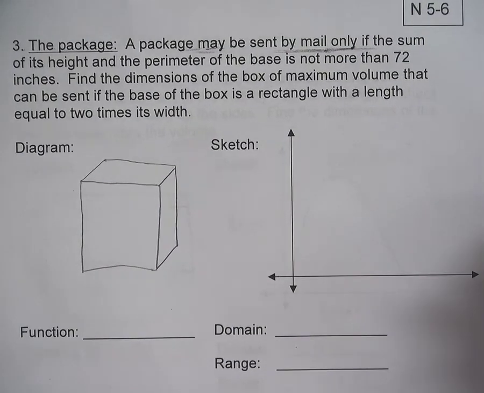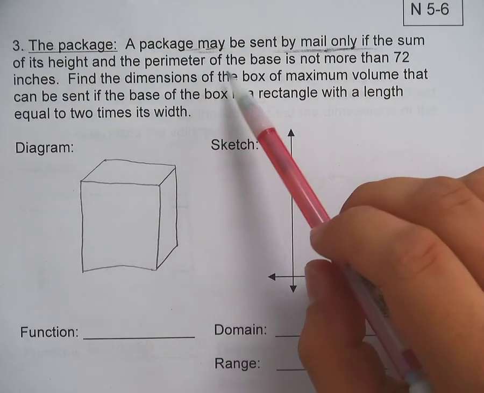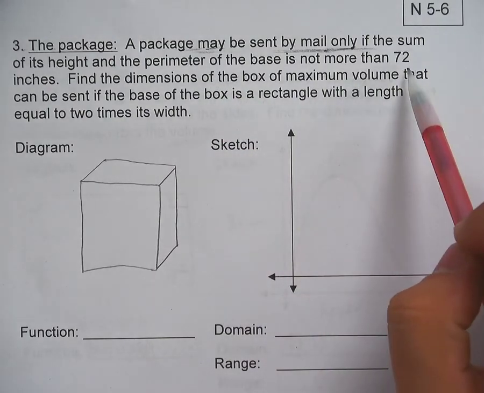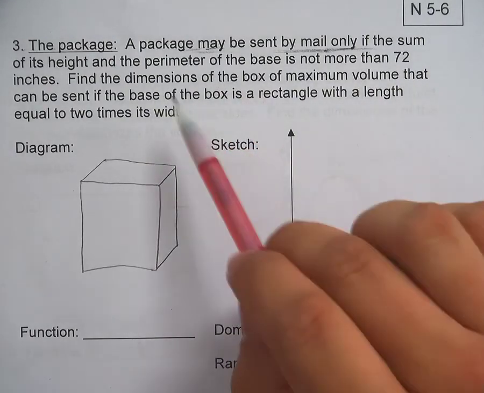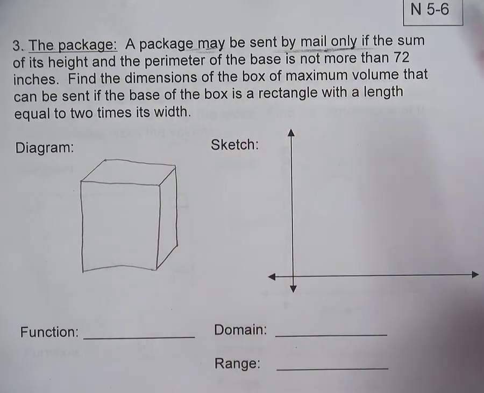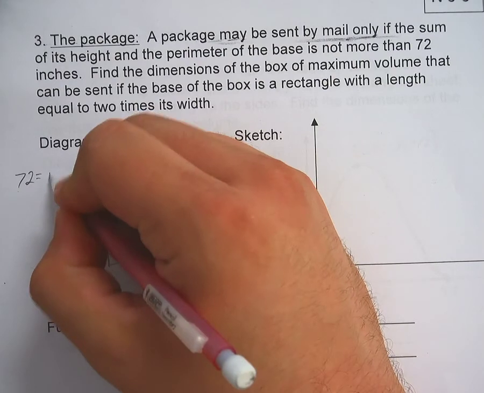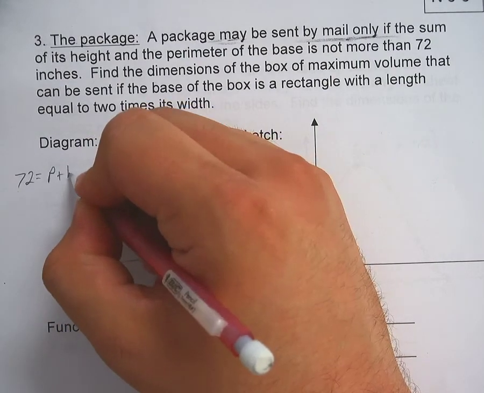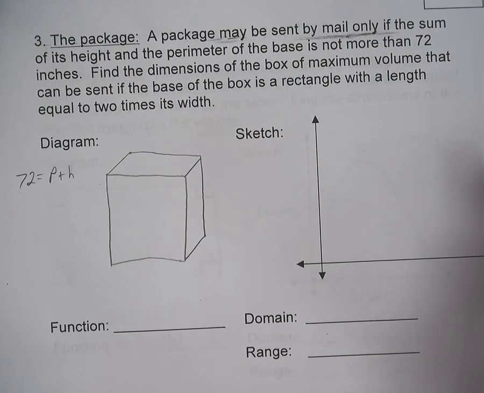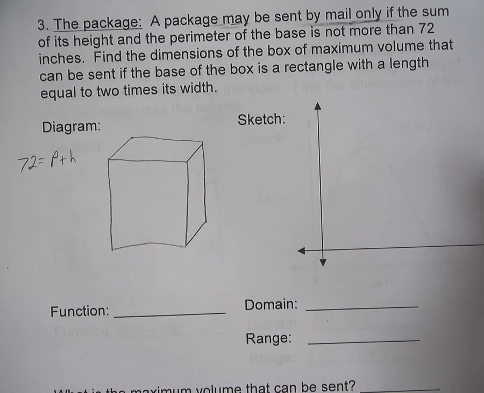You've got 72 inches that you can work with, and that's your perimeter of the base plus your height.